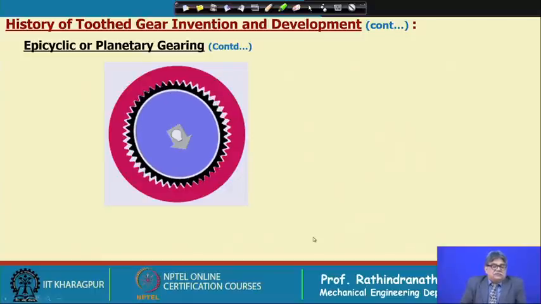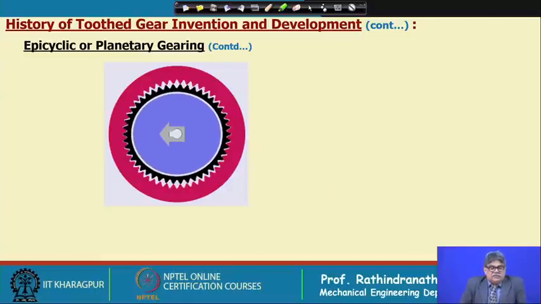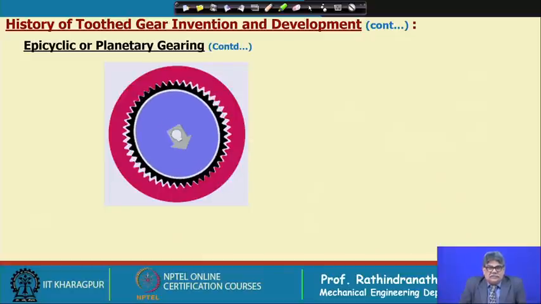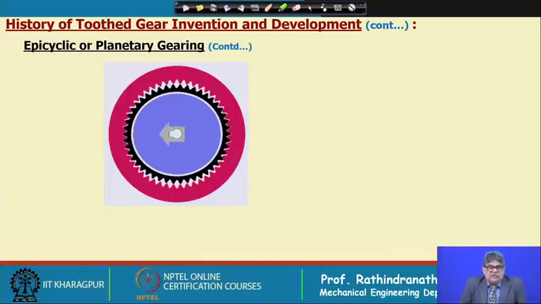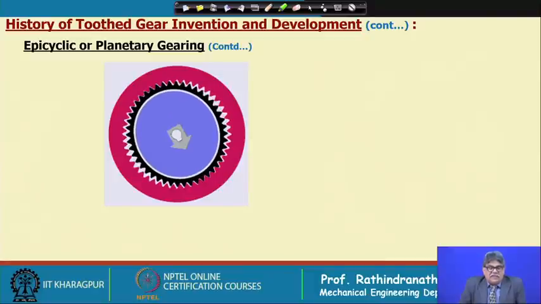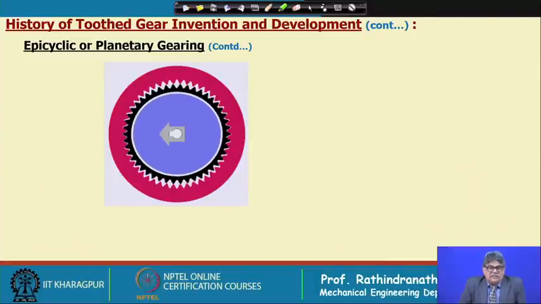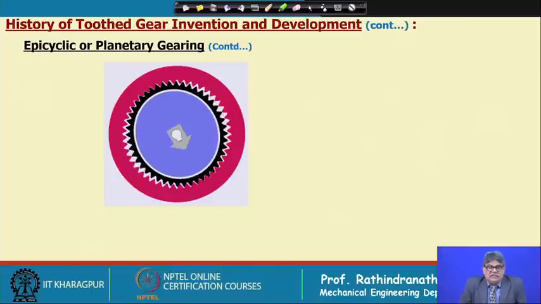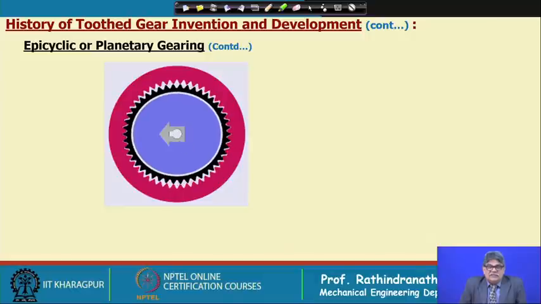Now, then I shall discuss some very special gear. In this special gear, what we find, the outer ring gear is fixed, and an inner pinion is moving. Apparently, it is flexible.